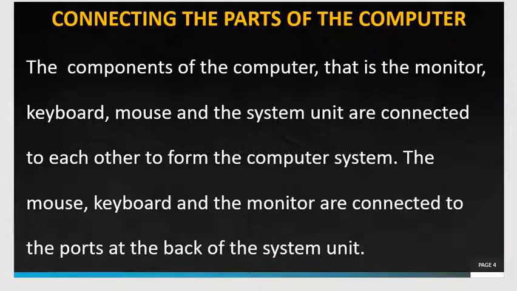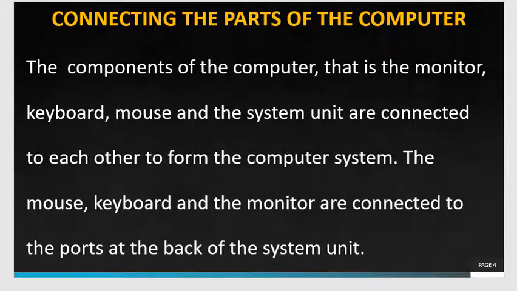We made mention of the system unit, the keyboard, the mouse, and the monitor. But before these components can work, they have to be connected to the system unit. The keyboard, the mouse, and the monitor are all connected to the system unit, but with different ports. They are not connected at the same place. They have individual ports where each of them is being connected.